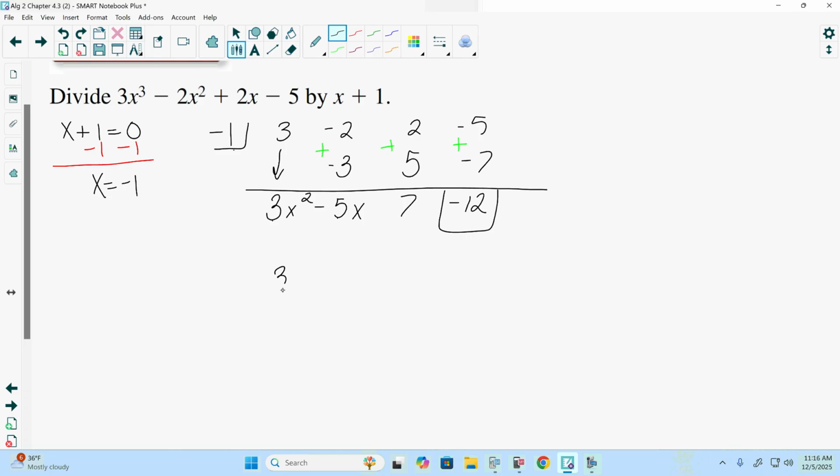Telling us that our answer is 3x squared minus 5x plus 7 plus, because this is the first one where we actually have a remainder, a value for the remainder. Just like long division, that remainder number goes on top, and what we were dividing it by goes on bottom. Now the number on bottom is not -1.